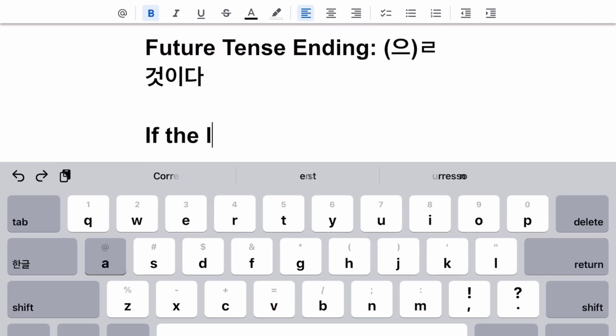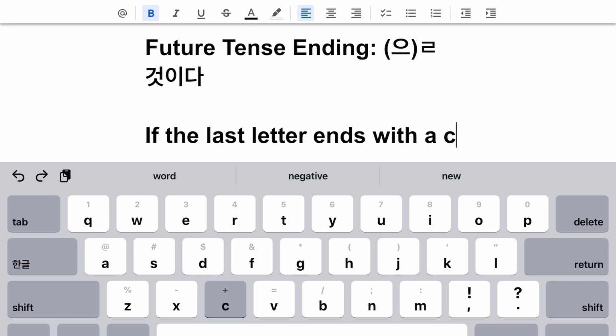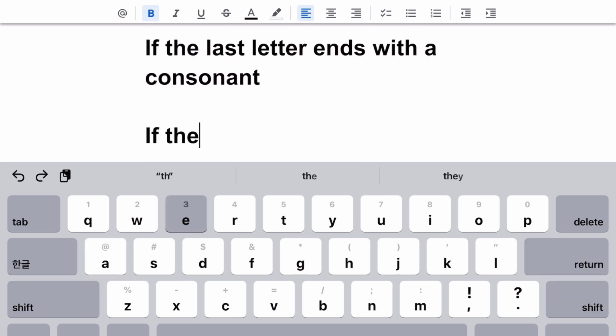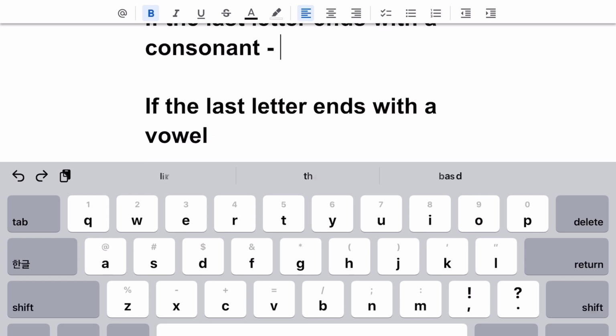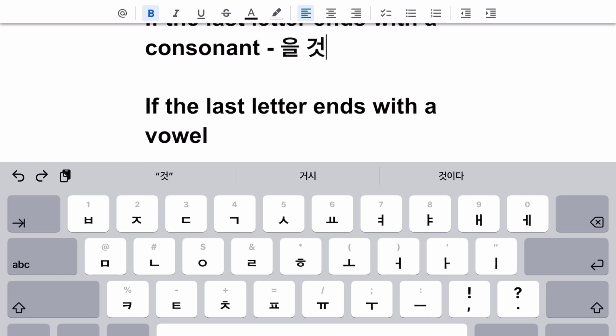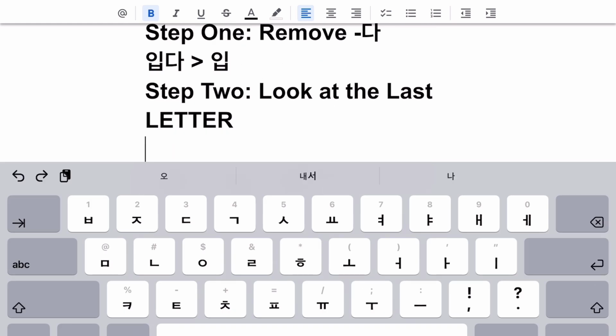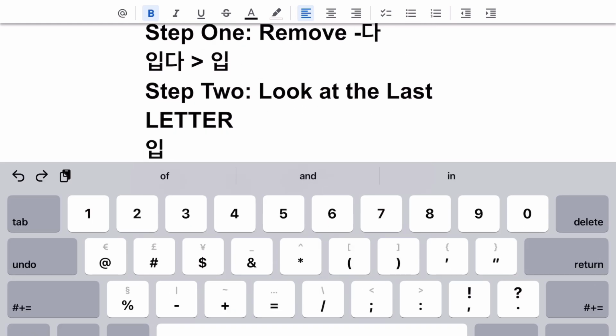If the last letter in the verb stem ends with a consonant versus if it ends with a vowel, the ending will be different. So if it ends with a consonant, it will become 을 것이다. And if it doesn't, we'll just have the one ㄹ at the bottom plus 것이다, 를 것이다.